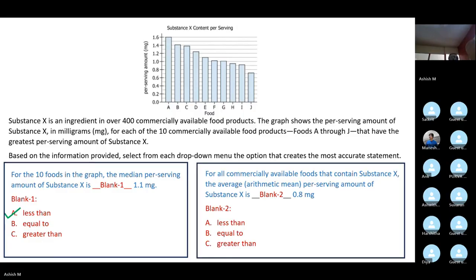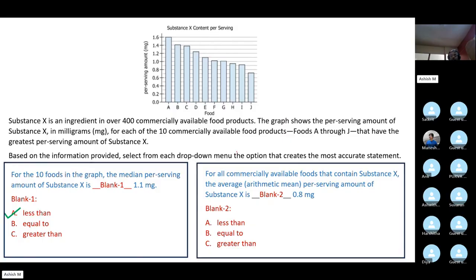The average per serving amount. So again, what are we? Yes, guys. Can you tell me the answer? Less than. All right.